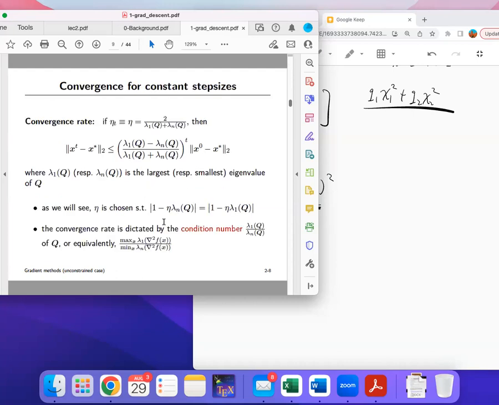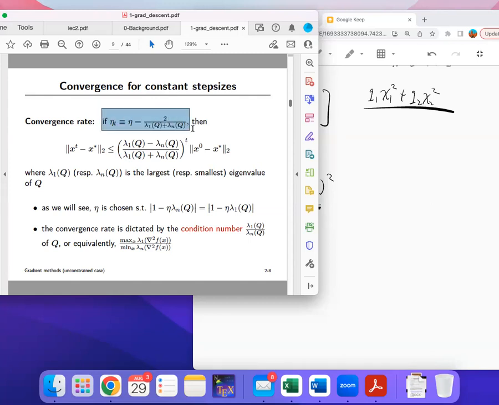And if we apply gradient descent to solve this problem with this step size, then we will have this convergence rate. Let's look at this one.